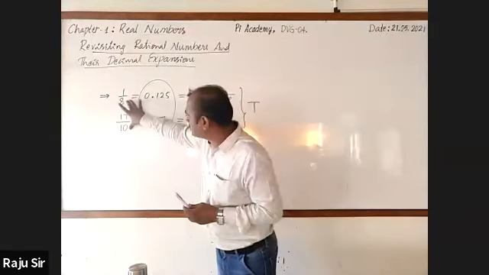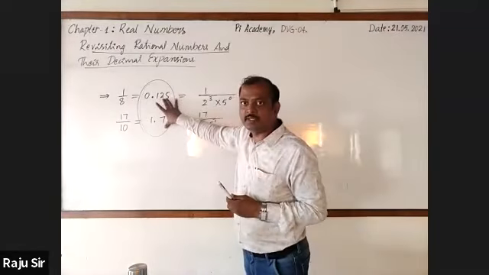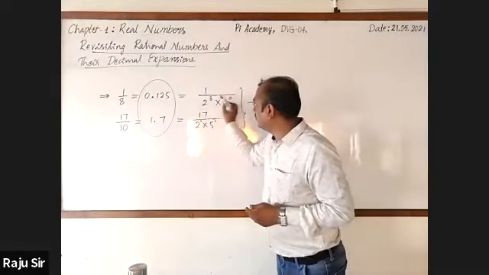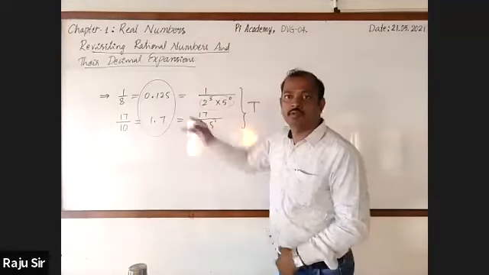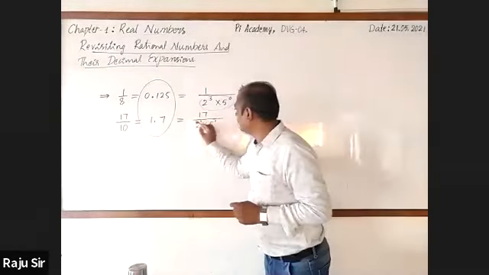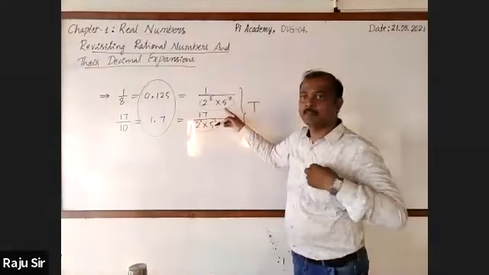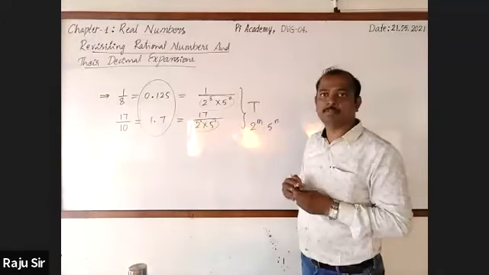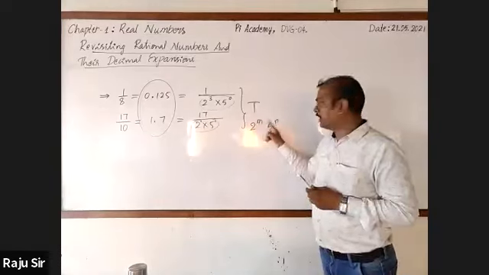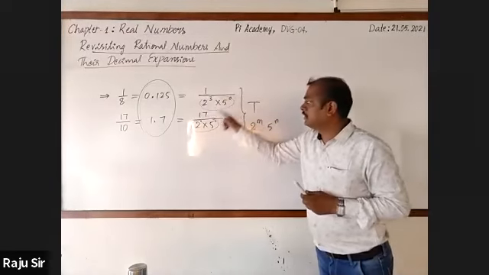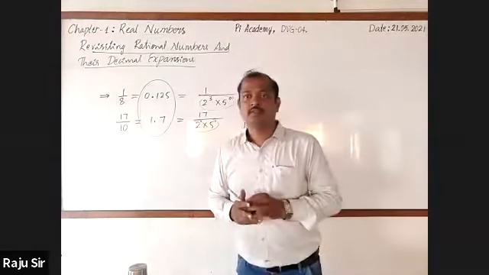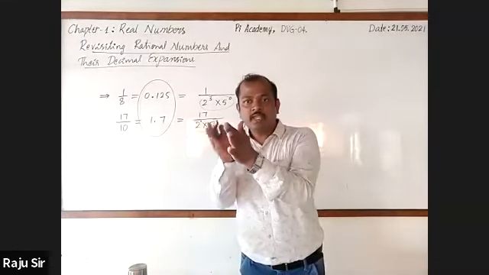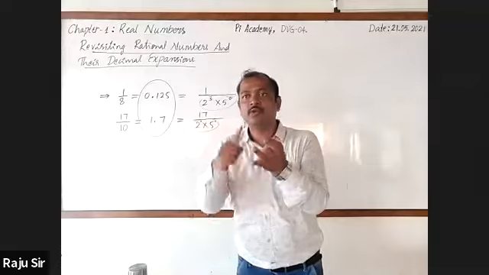The decimal expansion of the given number will be terminating if the denominator of these numbers is in the form 2 raised to the power m into 5 raised to the power n, where m and n are non-negative integers. Non-negative integers means except negative numbers. You may take 0, 1, 2, 3, 4, and so on.